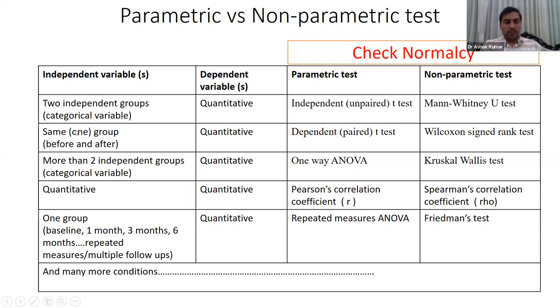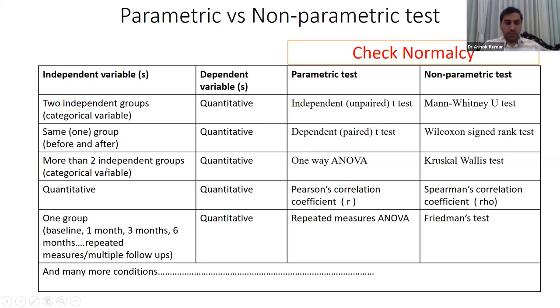Okay. And this is the same group before and after, or pre and post. The dependent variable is again quantitative. Then we use the dependent or paired t-test to compare before and after means. If it is not normally distributed, we should go for the Wilcoxon signed rank test.